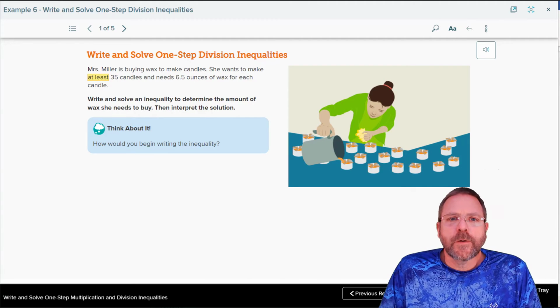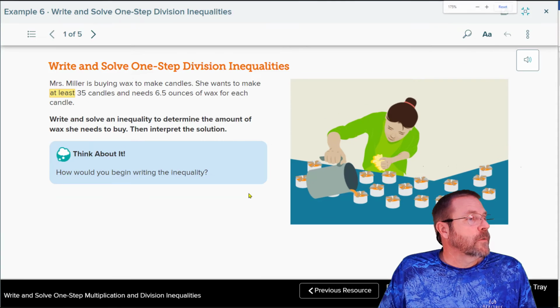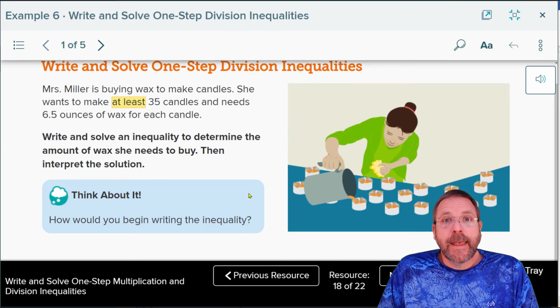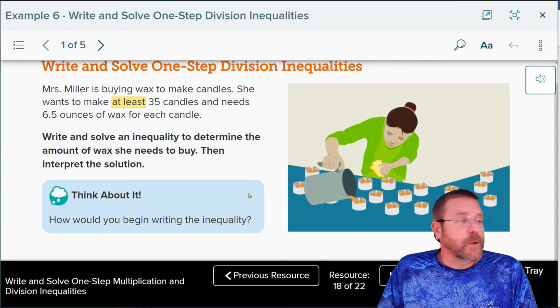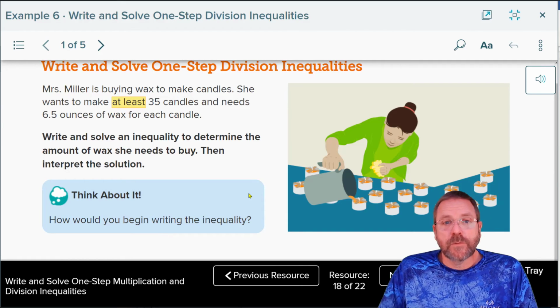And we are finally on our last pair of examples, starting with example 6, where Miss Miller is buying wax to make candles. She wants to make at least, that means greater than or equal to, 35 candles, and needs 6.5 ounces of wax for each candle she makes.